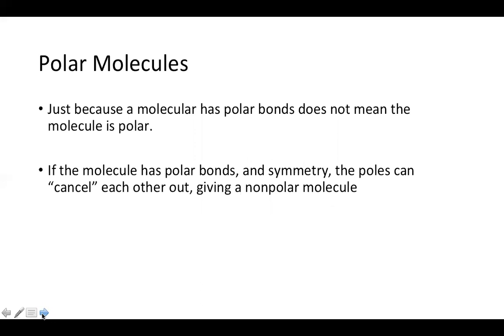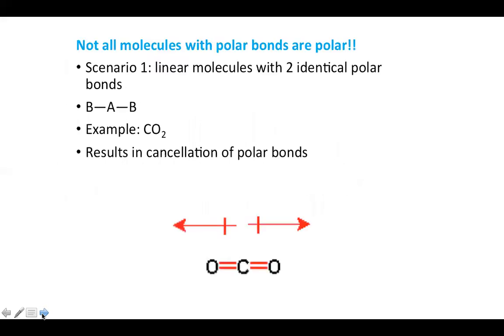To check if the molecule is polar or nonpolar, we're going to have to look out for symmetry. If the molecule has polar bonds and symmetry, then those poles are going to cancel one another out, and that would give a nonpolar molecule. There would be no net dipole moment.